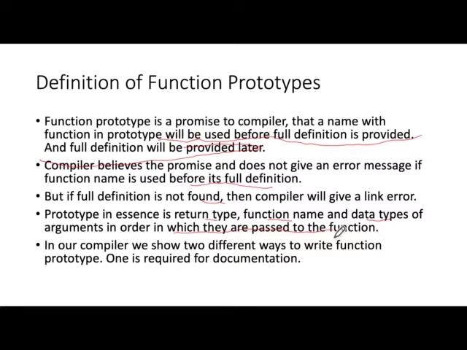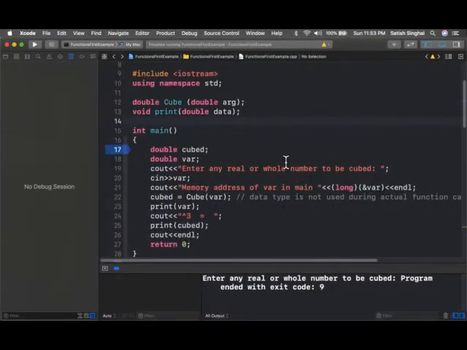Okay, so coming back to the compiler, prototype is simply data type, function name, an argument data type, an argument.